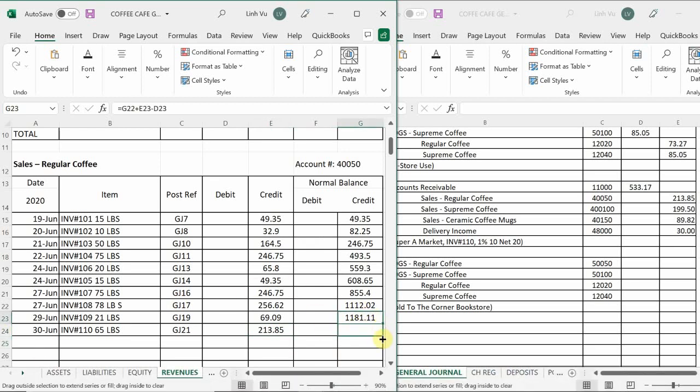What's my ending balance? $1394.76. Good.